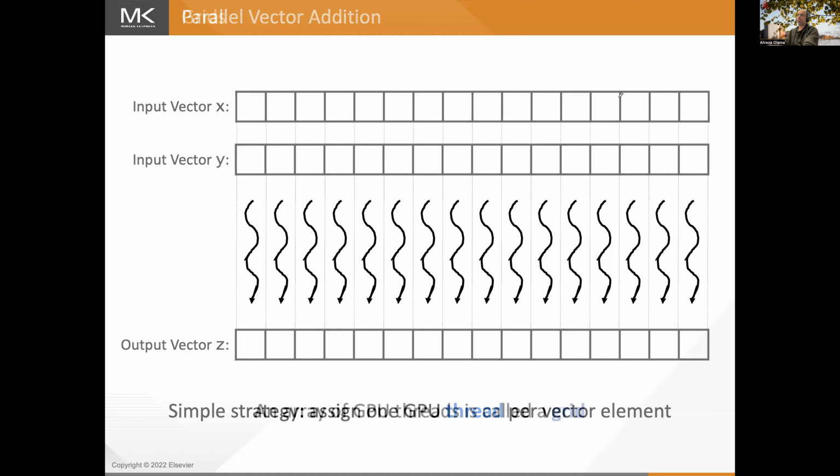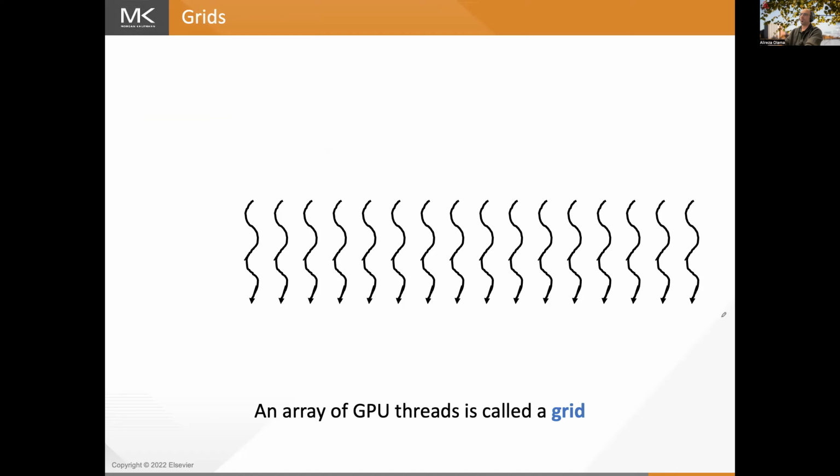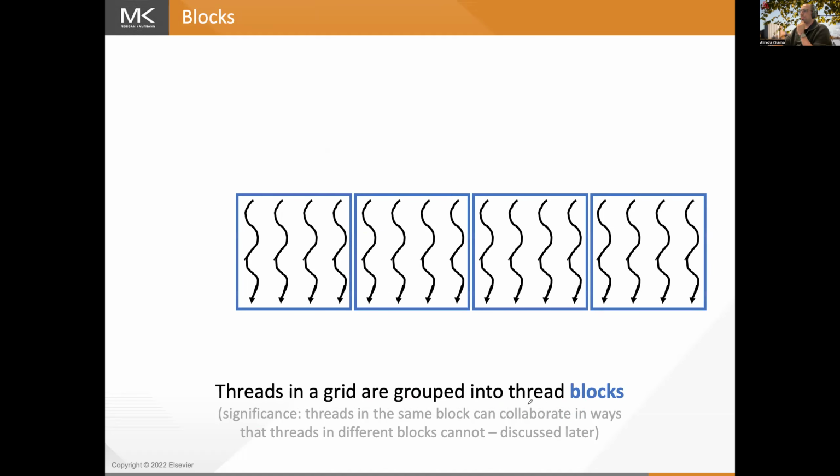So this is the number of threads that we want. So in CUDA, an array of threads is called a grid, right? So you have a grid of threads, and a grid is further decomposed into something called thread blocks. So accurately, a grid is a set of thread blocks, right?